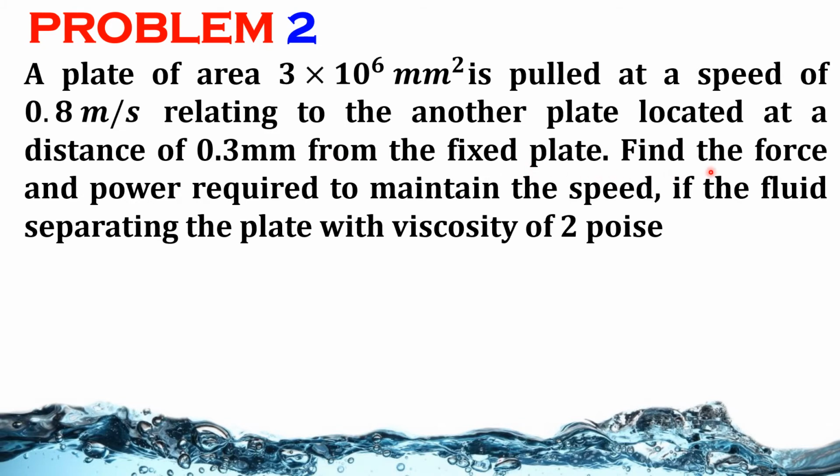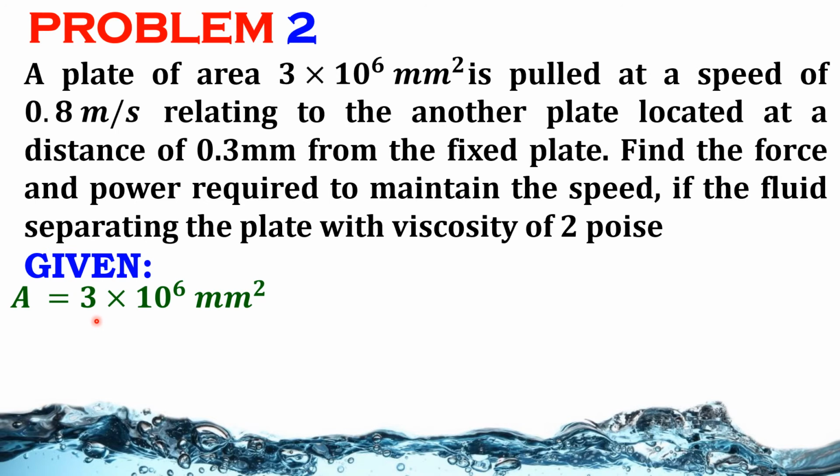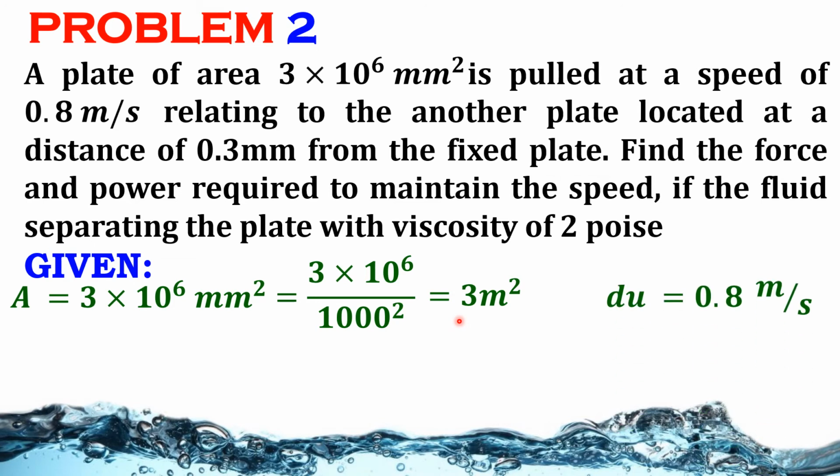Find the force and power required to maintain the speed if the fluid separating the plates has a viscosity of 2 poise. Given area A is equal to 3 into 10 to the power 6 mm square. In order to convert into meter, we divide by 1000 square, since it is mm square over here. So it will be 3 meter square.